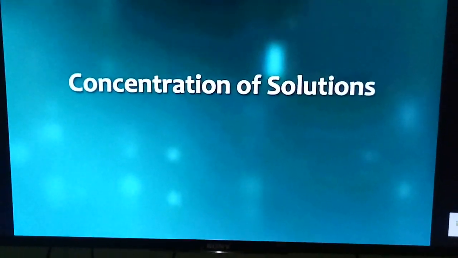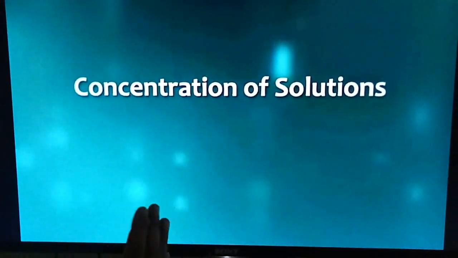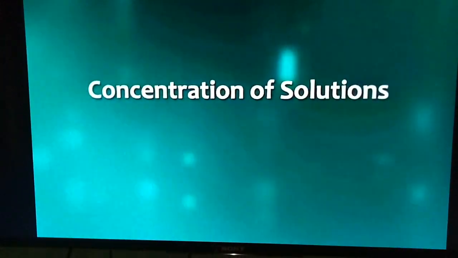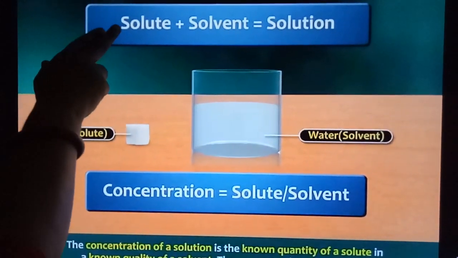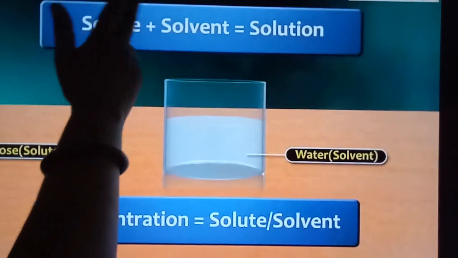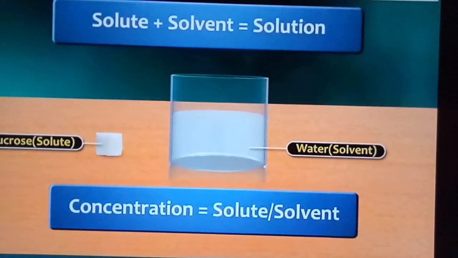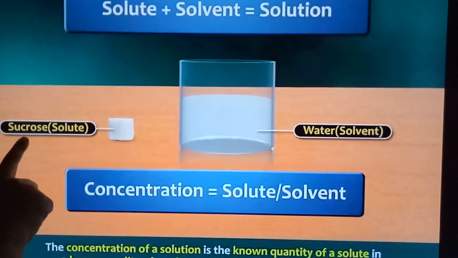Now let us understand the concept of what we mean by concentration of solutions. We know that when you add a solute to a solvent and both mix together, it is called a solution. Here you can see sucrose.